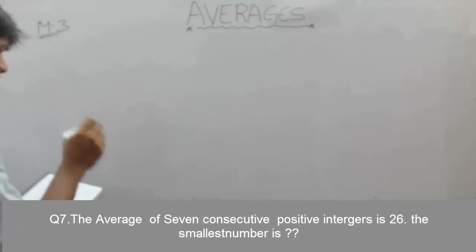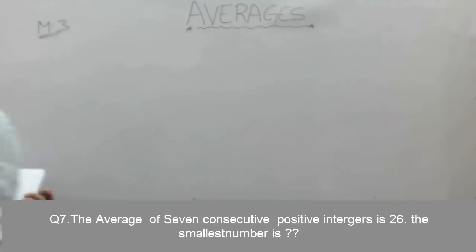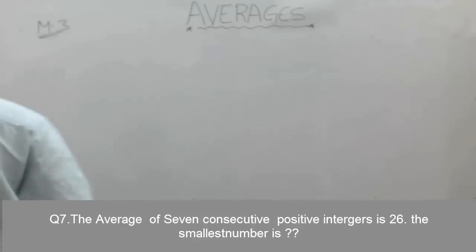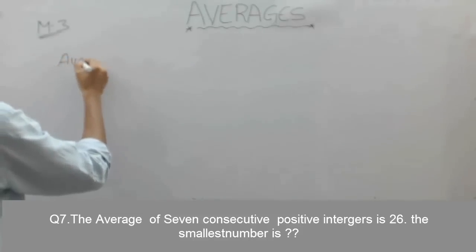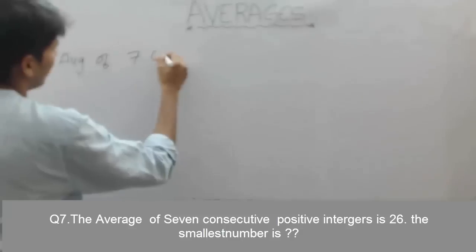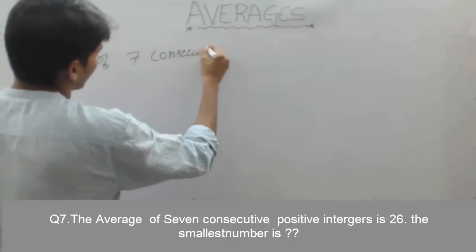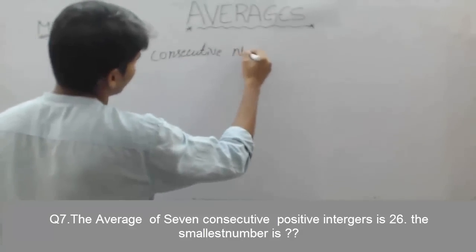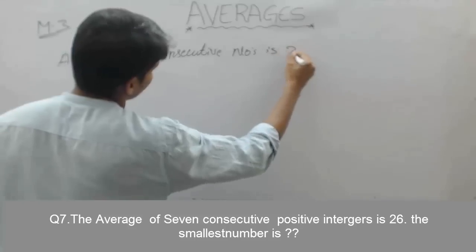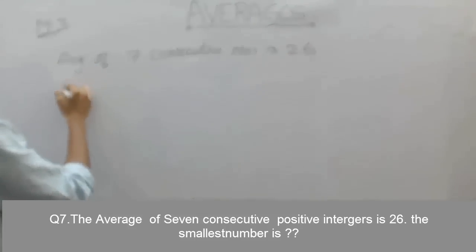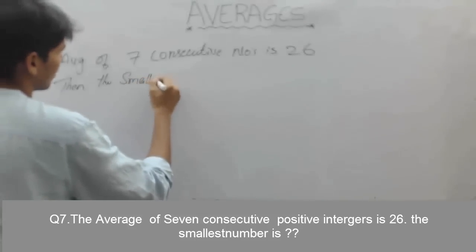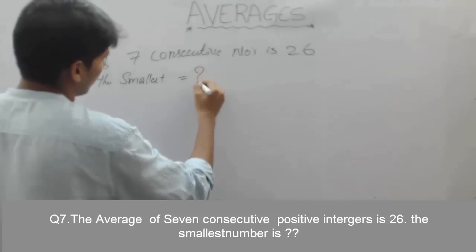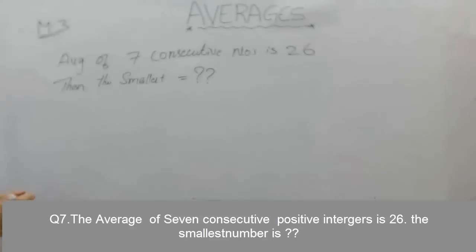The average of 7 consecutive numbers is 26, and we are asked to find the smallest number. So how are you going to find it?